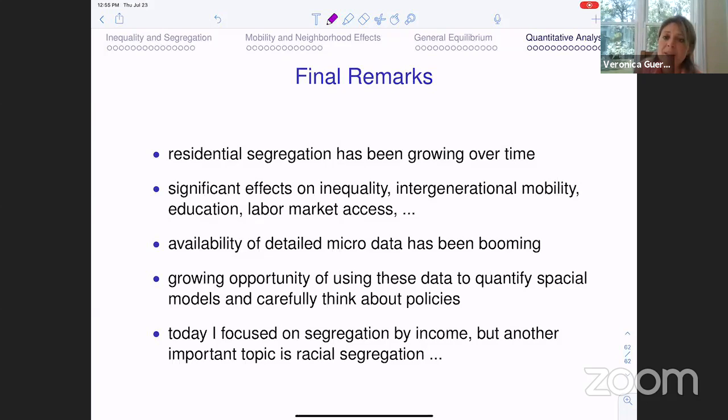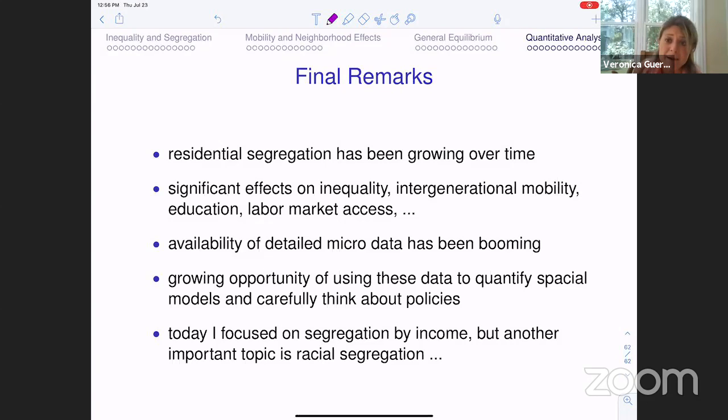And I think that there is this boom in microdata that is really amazing and really opens up a new opportunity for people who want to use this microdata to discipline this model and analyze more carefully different types of policies that can help reduce this inequality and low level of intergenerational mobility.